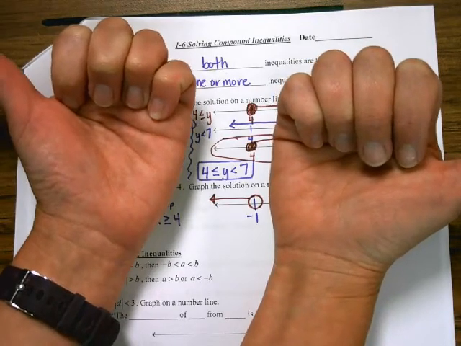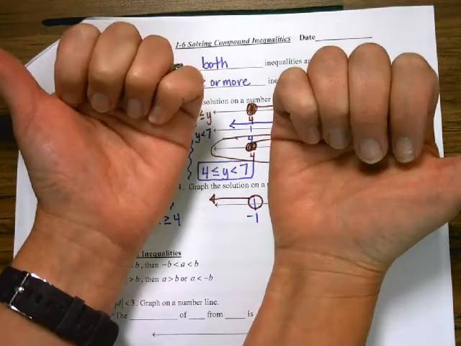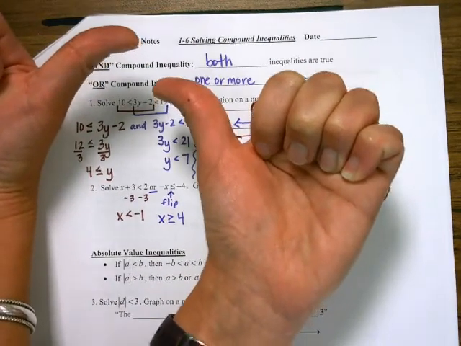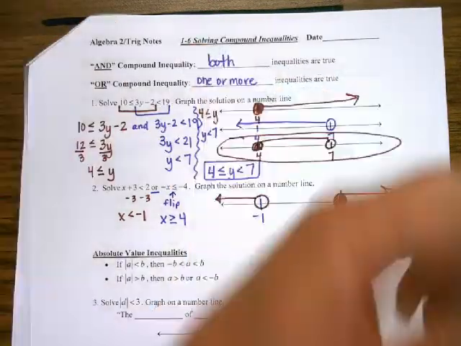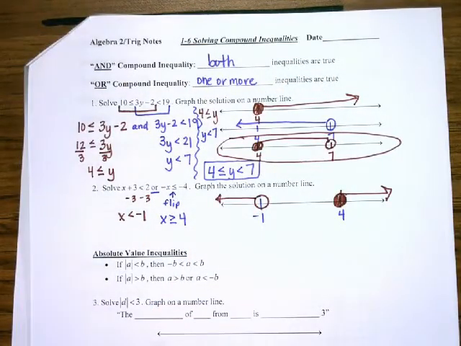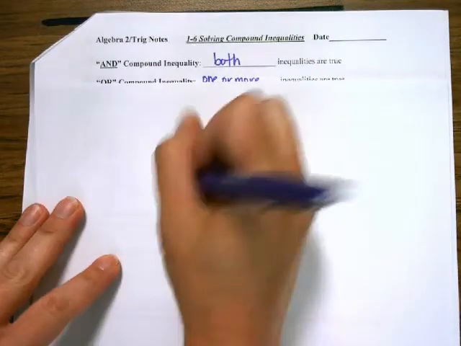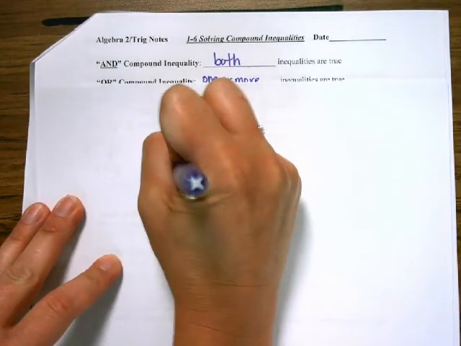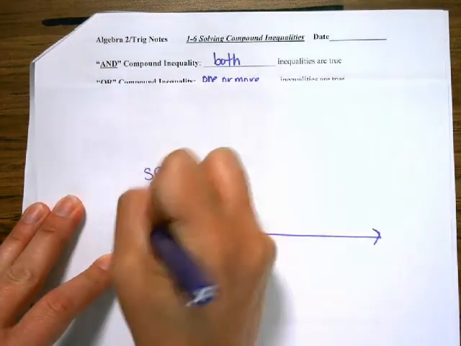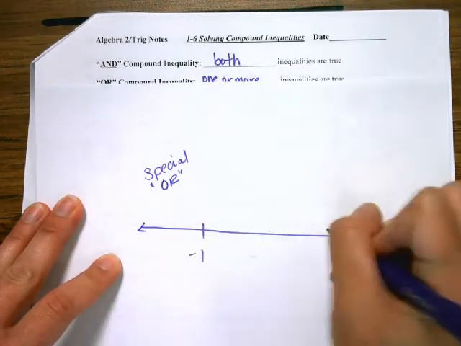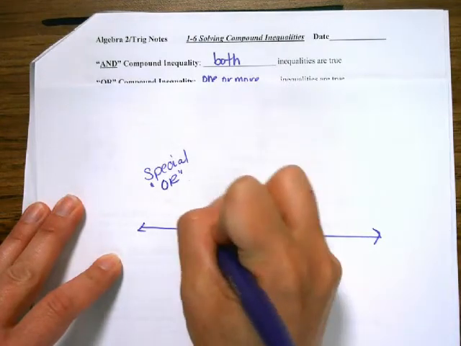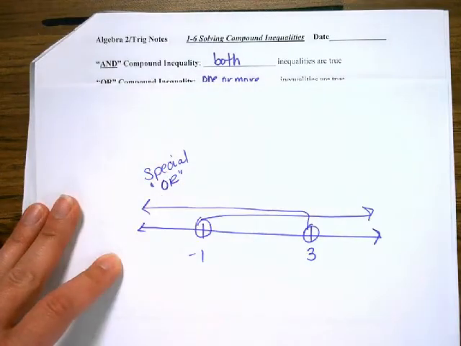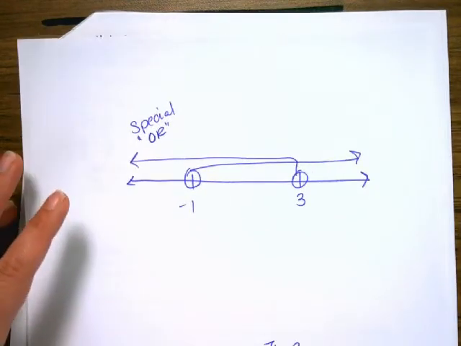Occasionally, you'll end up with a special or that does this. Okay? Think about a number line. This is a special or.